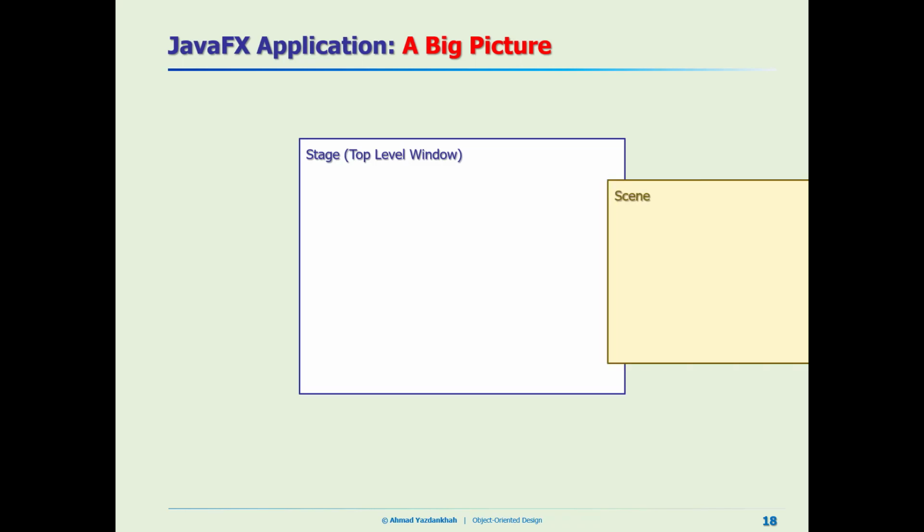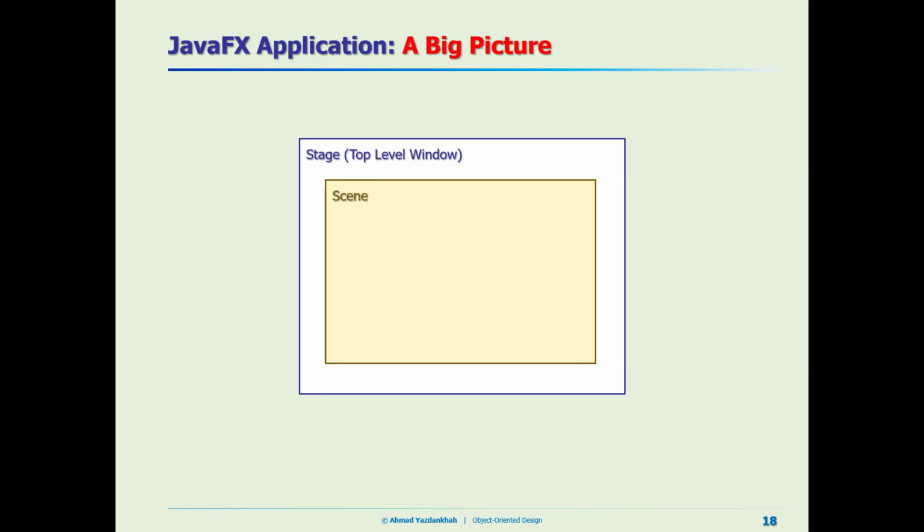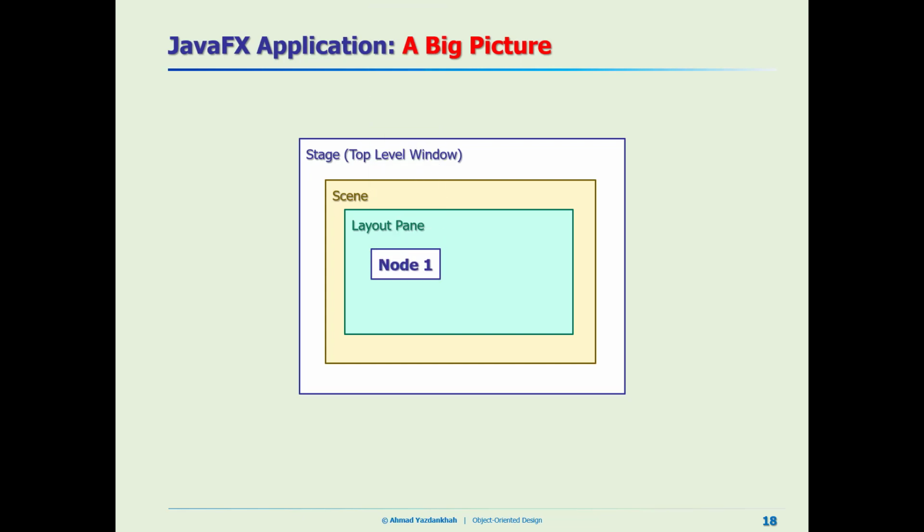Next, you can put some scenes inside that stage. Here I put one scene, but you can have many scenes. Inside the scene, we assign a layout pane or layout manager. Inside that layout pane, we add our nodes. One of these nodes can be another container. We will see that in a few minutes.